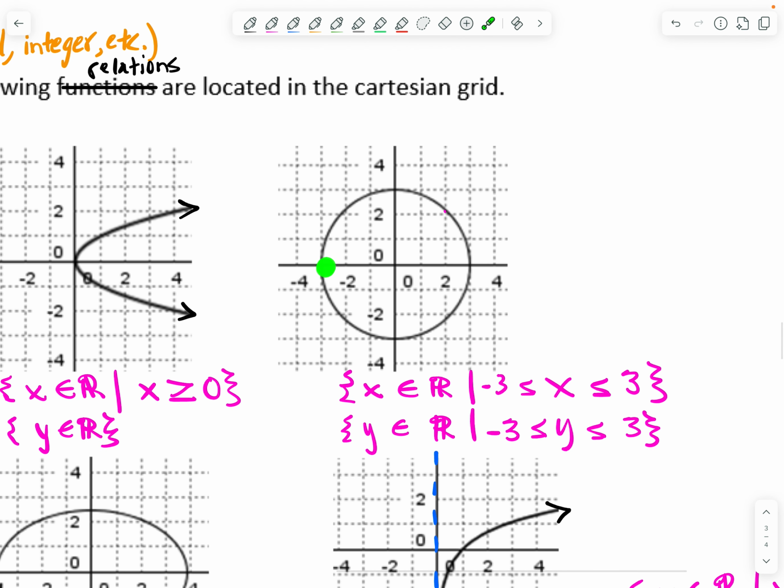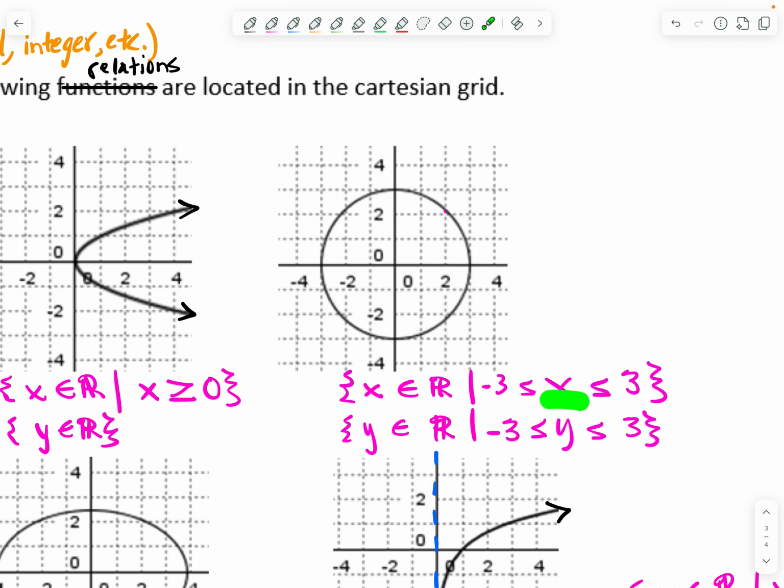Here it's a circle, so notice it's a line here, so I have to include all the points in between. Hence, it's a real number for both the domain and range, and such that the x's go from -3 to 3, because all that curve is covered there and the bottom one.